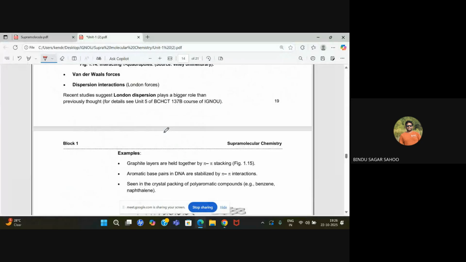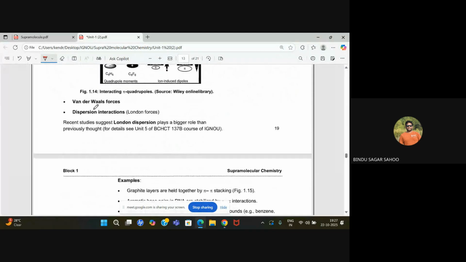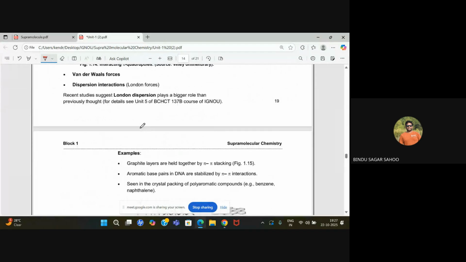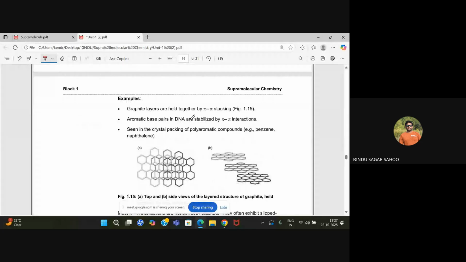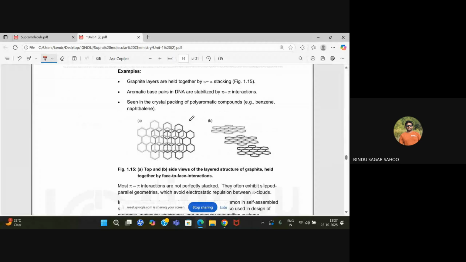Okay, so in the next class we'll discuss van der Waals forces, London forces, or dispersion interactions, that are also present in graphite or other types of molecules.